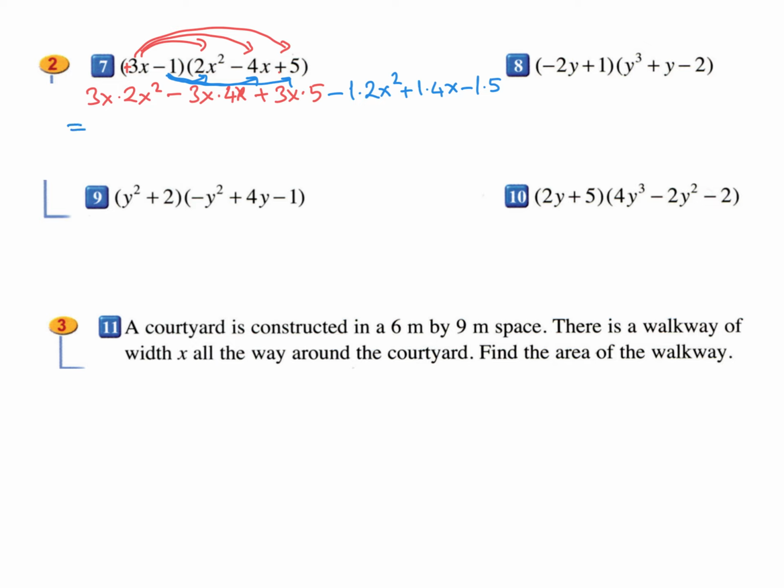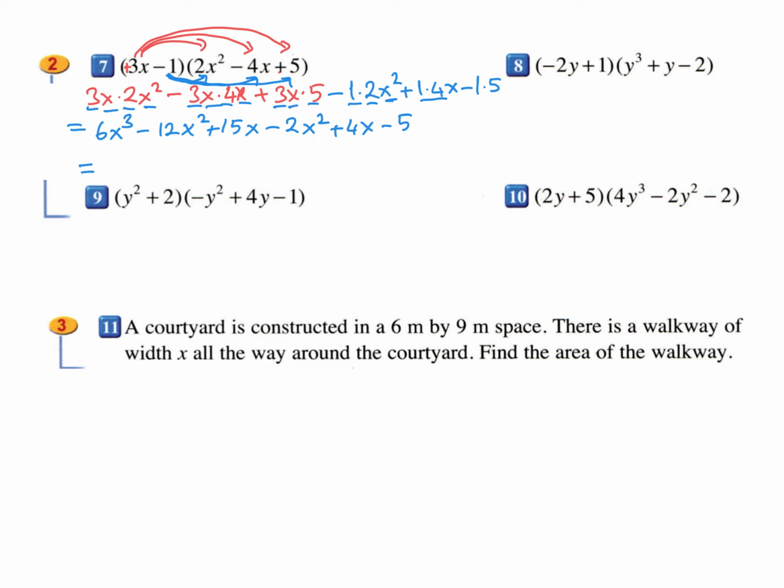Here 3x, be careful, 3 and 2, 6, x times x cubed will be, minus 3 times 4, 12, x times x squared, and 3 times 5 plus 15, and x also I have here, and 1 times 2 is 2, minus 2x squared will be, x squared also we have here, and 1 times 4x, it is plus 4x just, and minus 5 will be the last part.